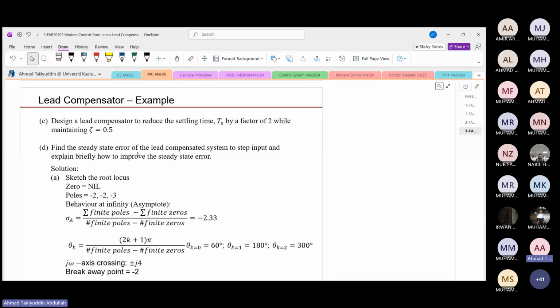So you need to find the steady state error of the lead compensated system to step input, and you have to explain briefly how to improve the steady state error.